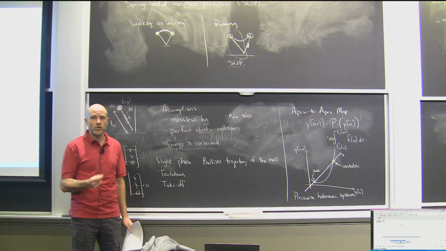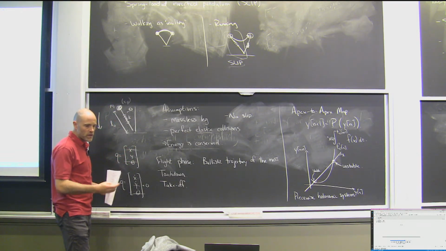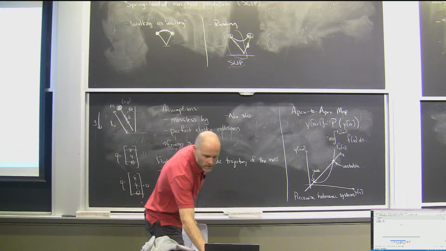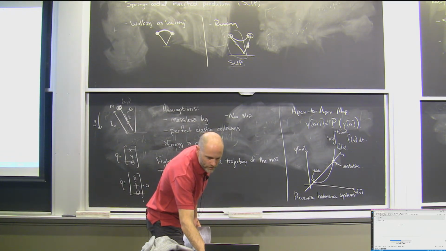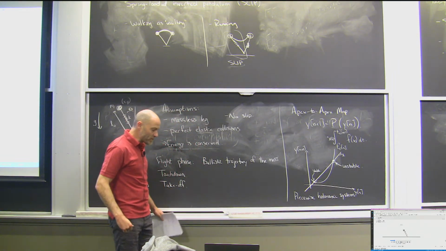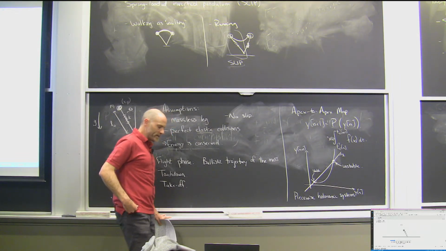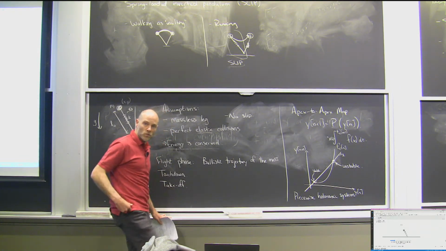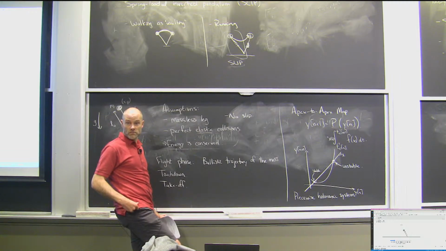How do we think about control for this system? Okay, so you saw what it looks like here. We're hopping along. The control decision that we have, since the leg is massless, is that every time we're in the air, we get to decide instantaneously what's going to be the orientation of the leg. Okay?